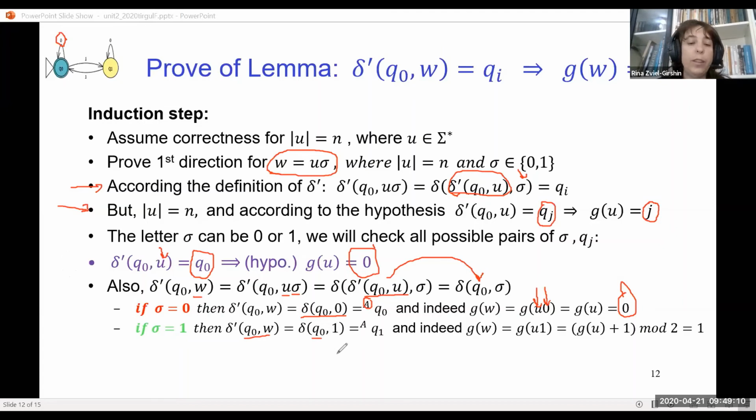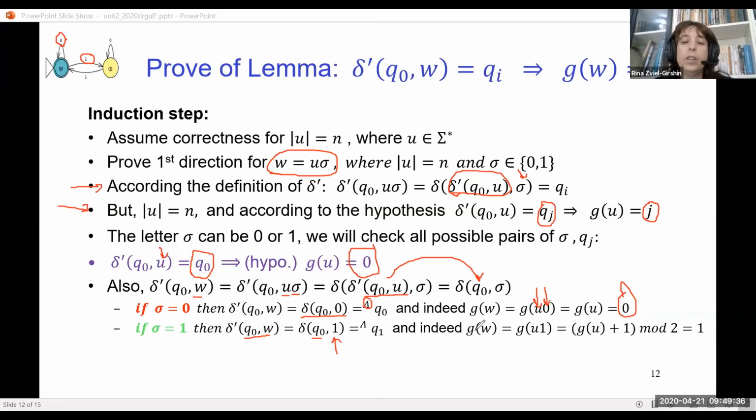And now we have additional input, which is 1. In our automaton, Q0 with 1 moves us to the state Q1. So with additional 1, we moved from Q0 to the state Q1, and we claim that now the number of ones in W is odd.